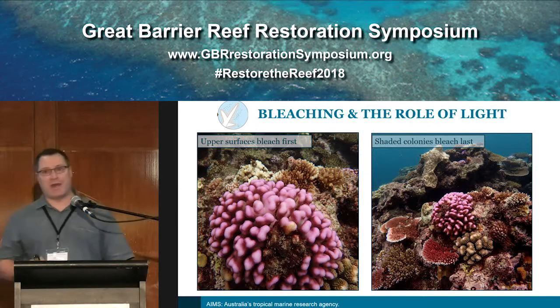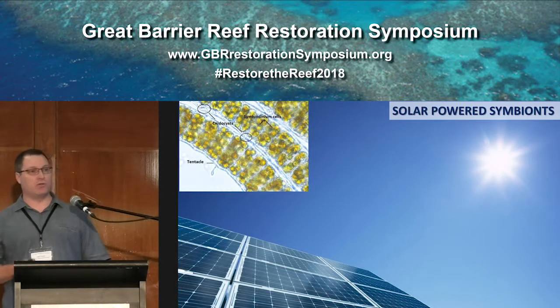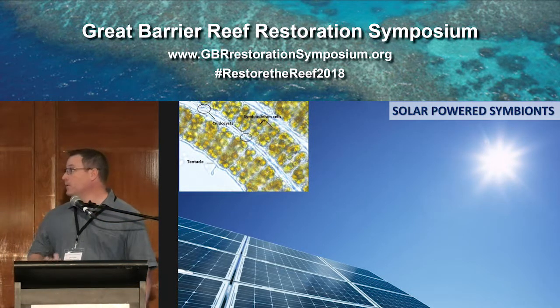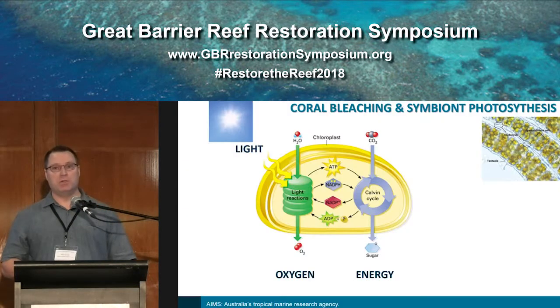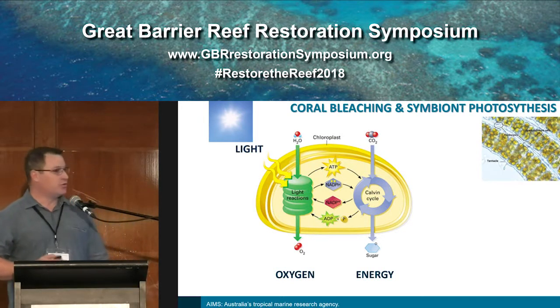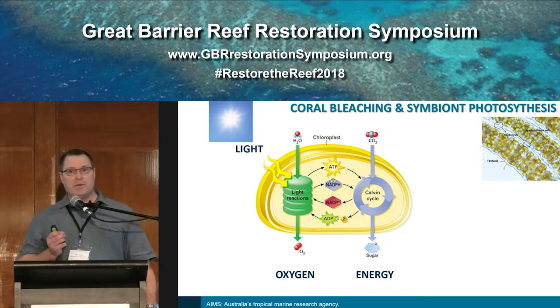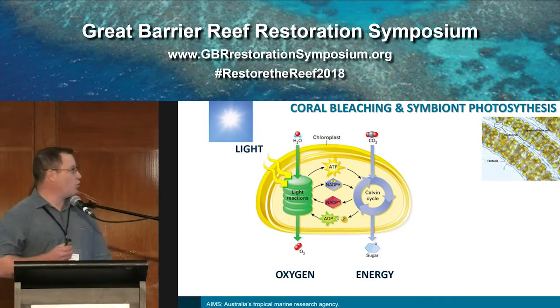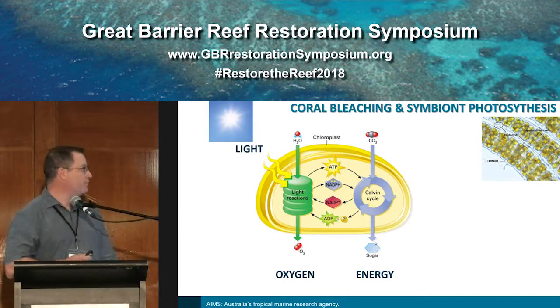The reason for that is that corals are powered by solar photosynthetic algae. The Symbiodinium are a powerhouse, harvesting the light to provide energy to drive host metabolic function. Let me do a real quick general overview of what photosynthesis is. Under normal conditions, the algal symbiont is taking water and splitting the hydrogen to pump the electron transport chain.